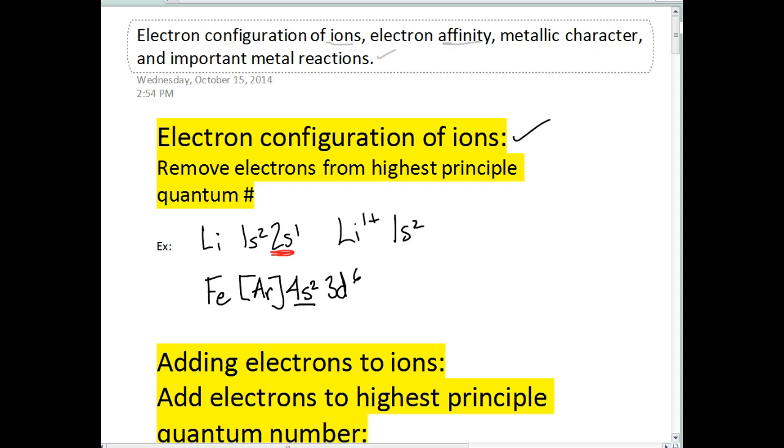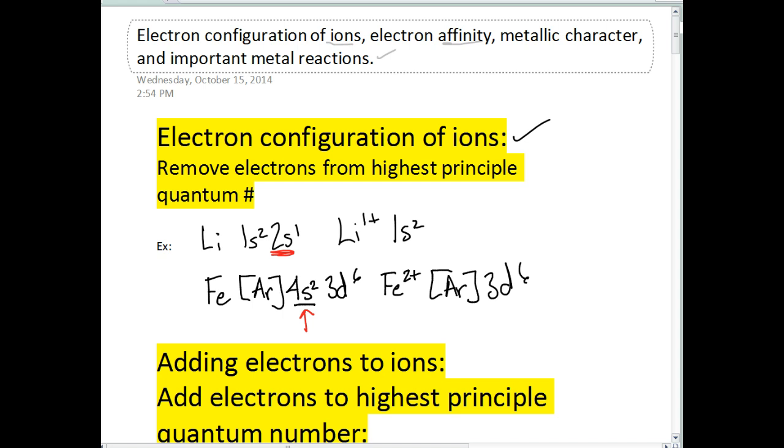Even though we know that fills first before the 3d, it's still the highest principal quantum number, even though those two are very close together. So let's say we're going to make an iron 2 ion. We need to remove electrons from the 4s, or the highest principal quantum number. So our new electron configuration is going to be argon 3d6, just like that.